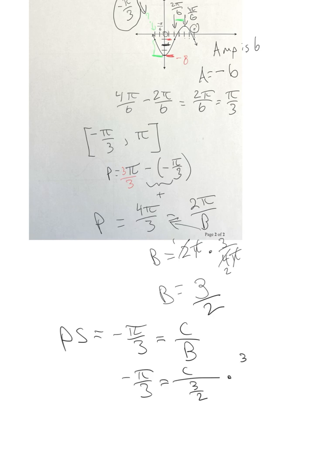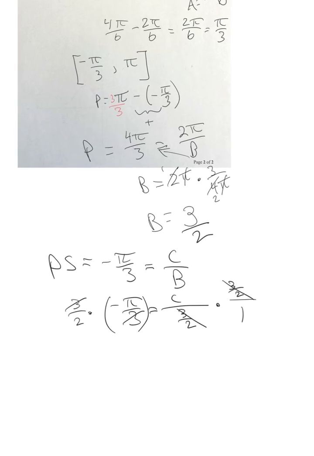So again, want to multiply by 3/2. Right, that's canceling out the whole fraction. So multiply here by 3/2. The 3's cancel. We get negative pi over 2 equals C.